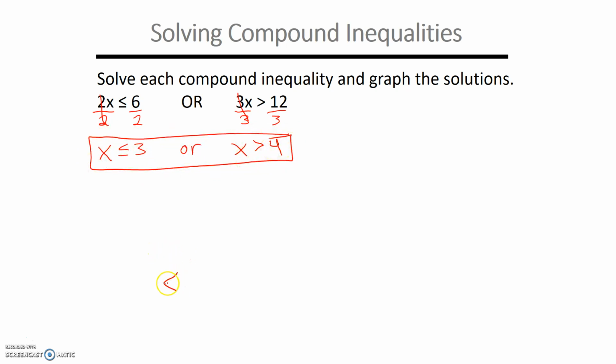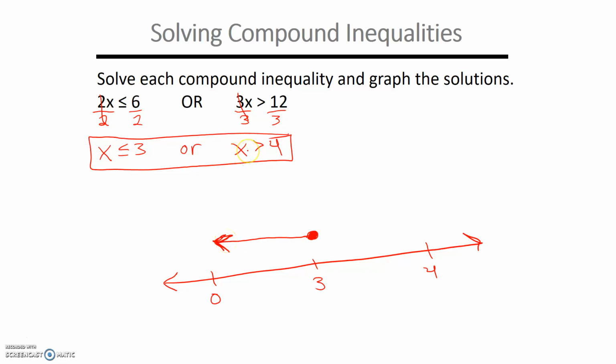Now I want to graph this on a number line. So here's my number line real quick. Here is 0. I'm worried about 3, and I'm worried about 4. Now at 3, I can actually equal it. It says x is less than or equal to, so equal to means solid circle, and less than means I'm going to go towards the negatives, in this direction.